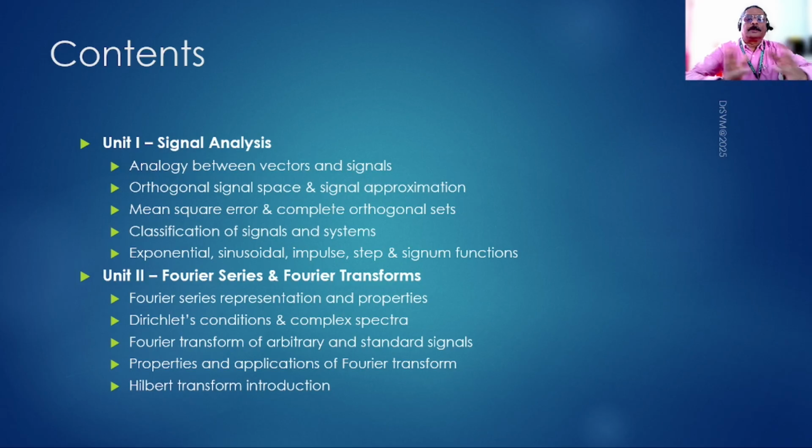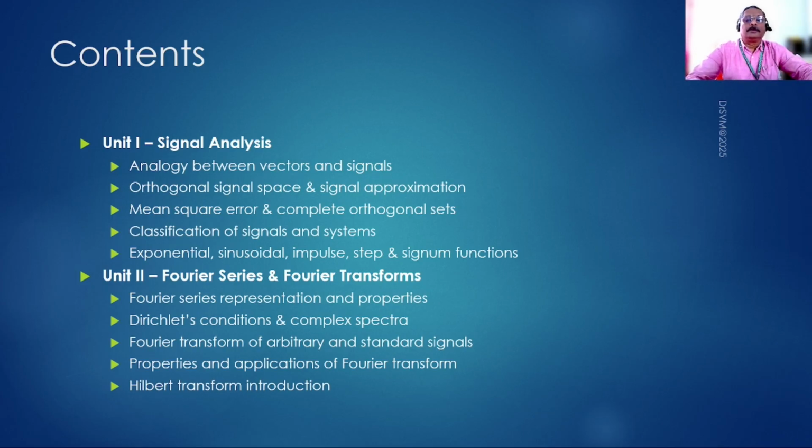So the whole purpose of studying this subject is, first, to understand what signal is, what system is, and then analyze the working of every system for any given signal. That is the analysis. And then the main purpose is to design a system such that it converts the available signal into the signal we wanted. So that's the first unit.